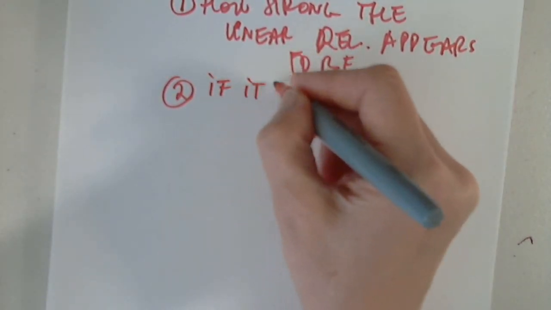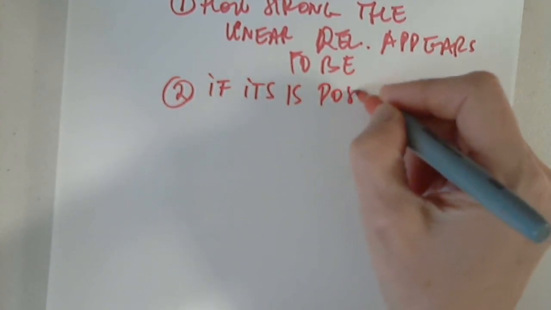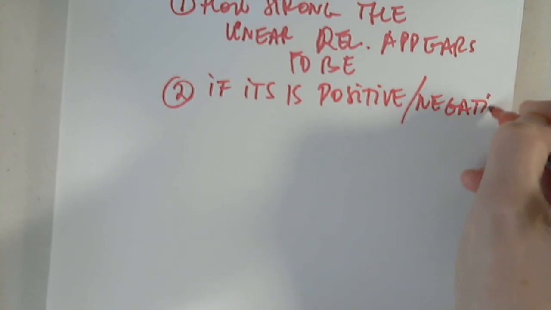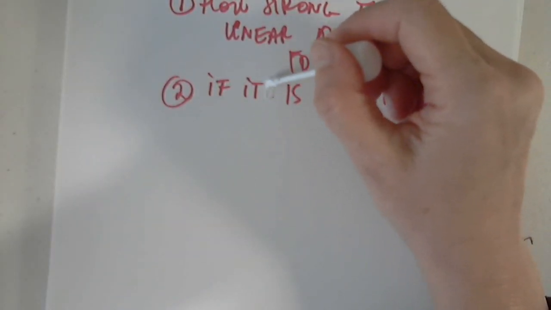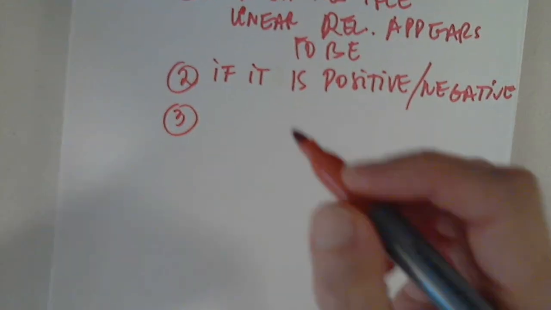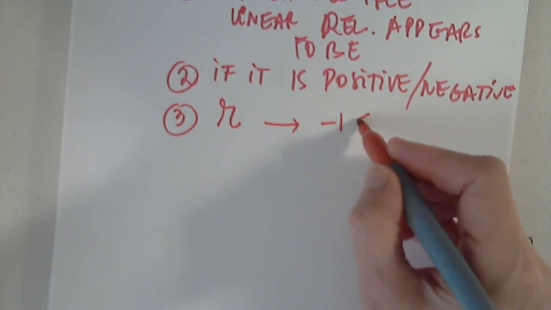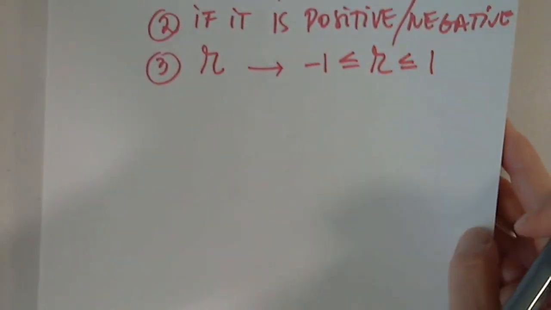if it is positive or negative. Number three, the notation is R, and it can be between -1 and +1.